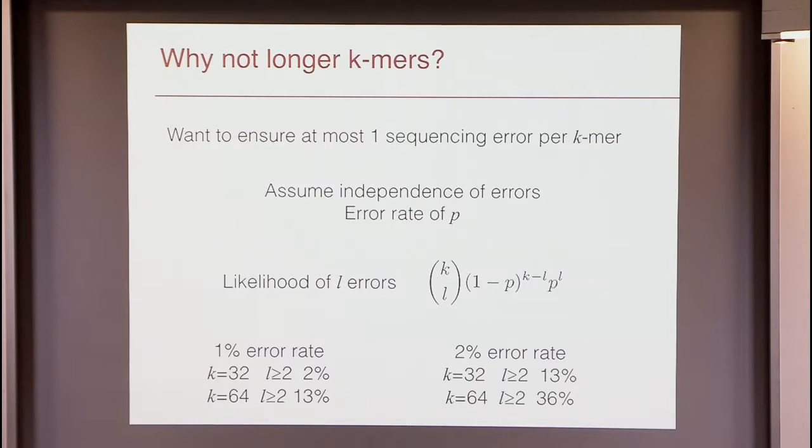At a 1% error rate, 30-mers are 2% likely to have 2 or more errors, but 60-mers are 13% likely to have 2 or more errors. And at a 2% error rate, 30-mers are 13% likely to have 2 or more errors, but 60-mers are more than a third likely to have 2 or more errors. So if we want to reduce the chances that we have more than one sequencing error, 30-mers make sense for this sort of neighbor investigation.